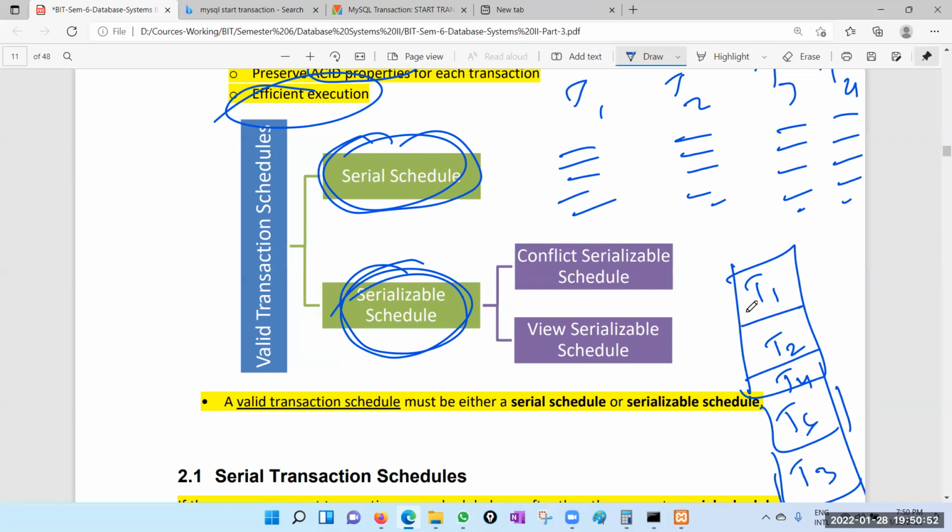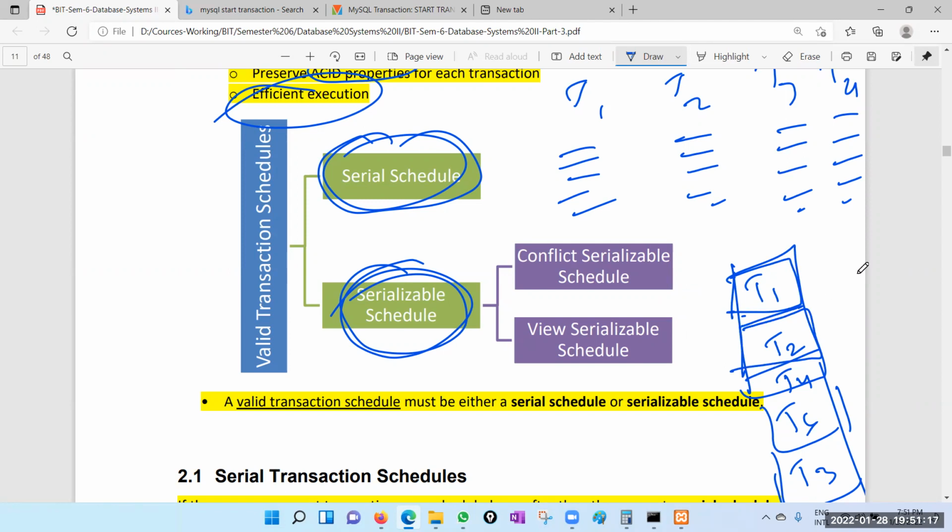Maybe T1, T2, T4, T6. All are valid. If it is a serial schedule, it is always a valid transaction schedule. Serial schedules are always valid. Why? Because there are no risks. We do one transaction, finish it, and go to the next transaction.